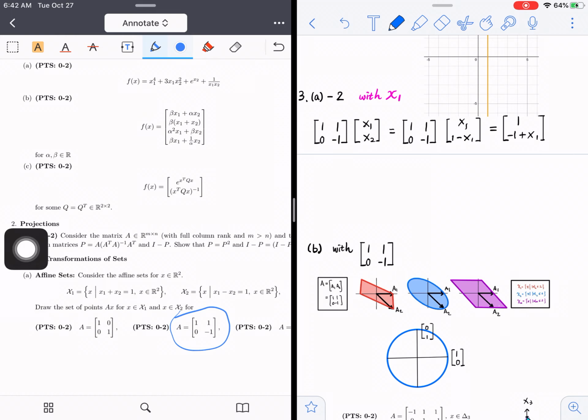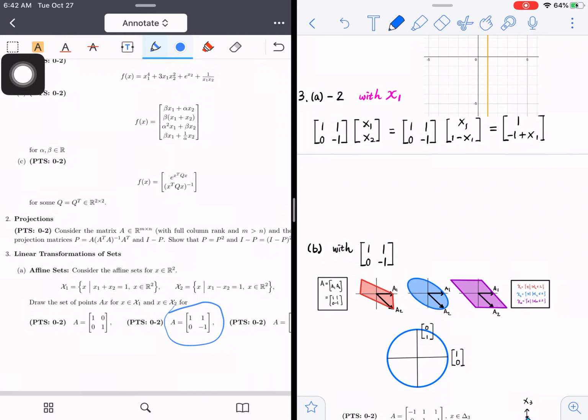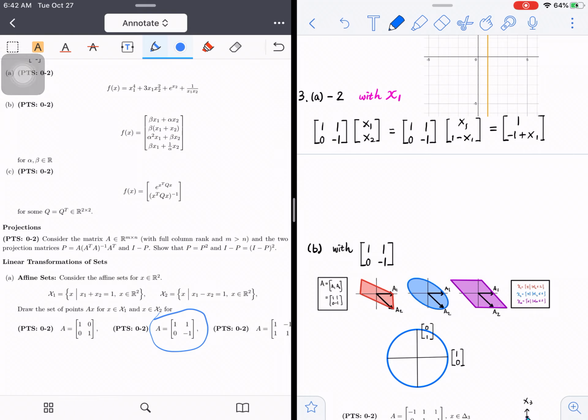Before doing this problem, we have to understand what the problem wants you to do. The problem wants you to plot Ax for x in chi1, which means that you have to plot A chi1. So how to do this?